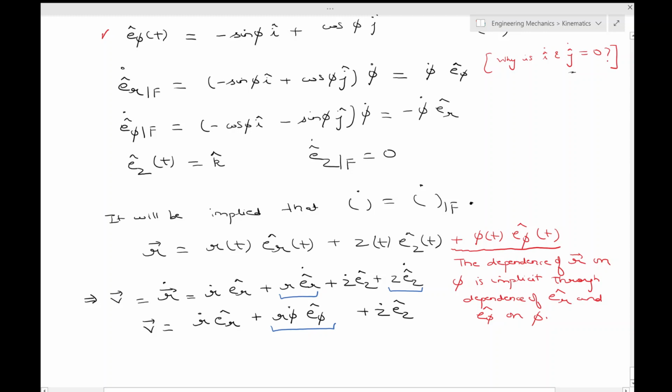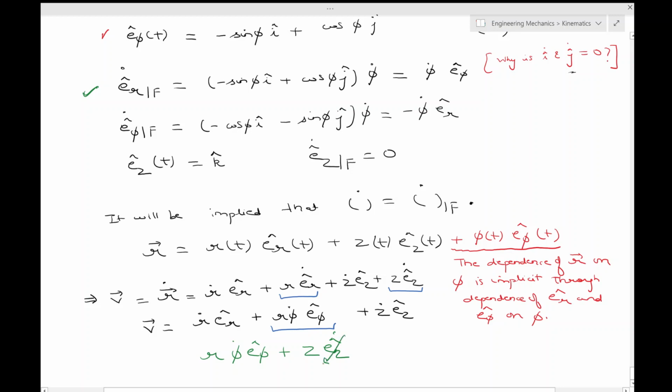So we have r into er hat dot, that is phi dot e phi hat, we're using this over here, plus z into ez hat dot.